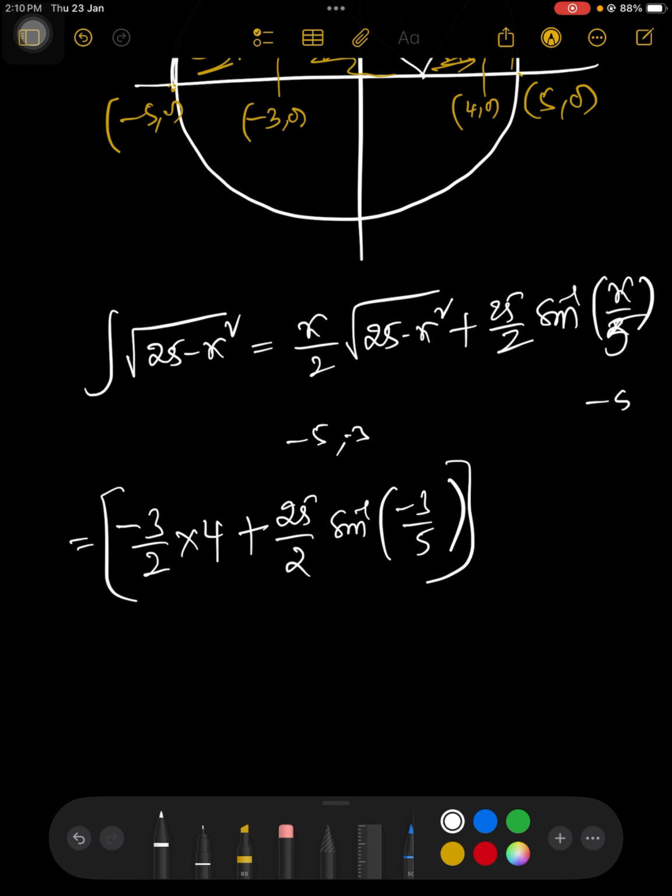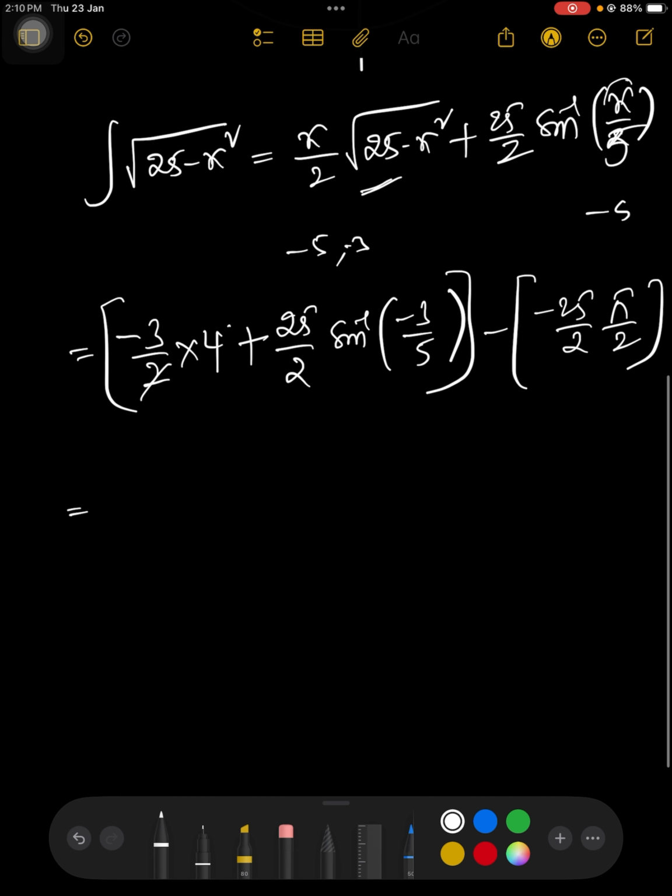Okay, and coming to the lower boundary, if you substitute minus 5, the first part will become 0, and in place of x if you substitute minus 5, then it will become minus 1, and sine inverse of minus 1 is minus pi by 2. So clearly it is minus 25 by 2 into pi by 2 you will get.